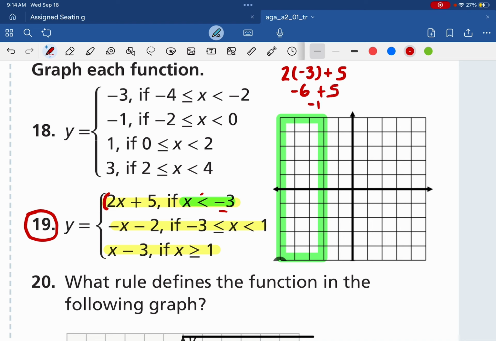So my first point is -3, comma -1. Now at -3, this piece is not included. So to show that, I'm going to put an open circle at the point -3, -1. 1, 2, 3, -3, -1.